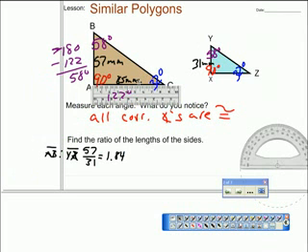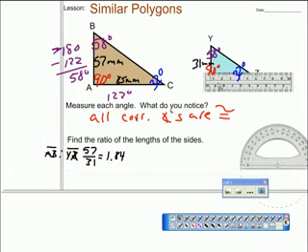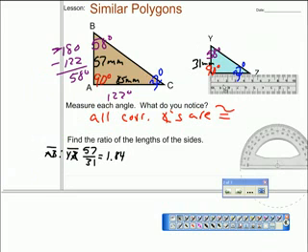And then when we measure XZ, 48 or 49. We'll go with 48 for now. So now let's check that ratio. We're going to look at side AC corresponding to side XZ, and we get 85 over 48. 85 divided by 48 equals 1.77.